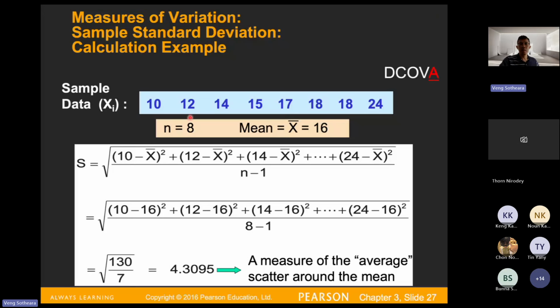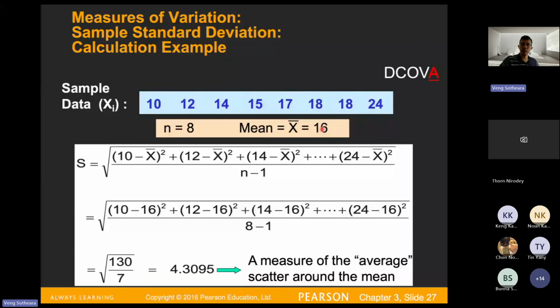To come up with that, you have to compute the mean. In this case, the mean is 16, denoted by x bar. To get the mean, you sum those values up and divide by the sample size, 8 in this case.